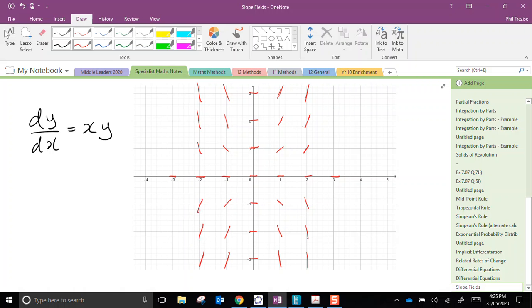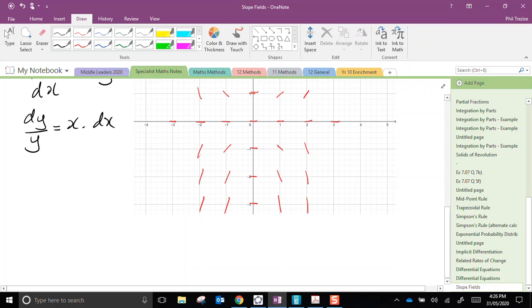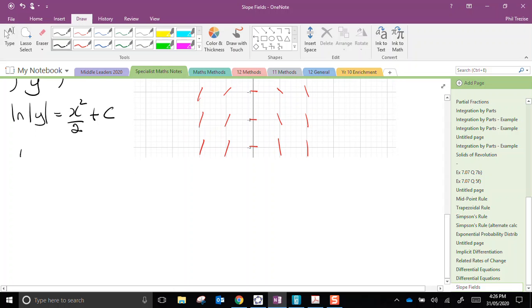Let's see if we can solve this differential equation now. So we would have dy over y equals x dx. Integrating both sides, the natural logarithm of y equals x squared over 2 plus an arbitrary constant of integration.